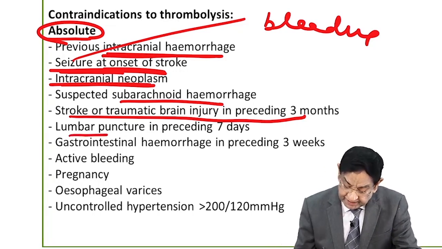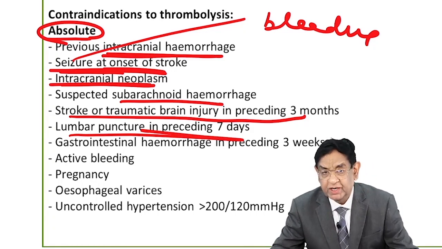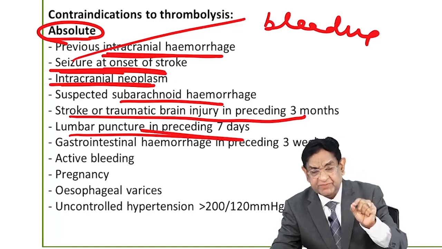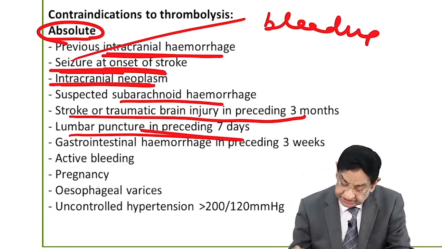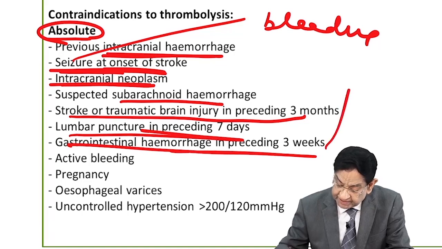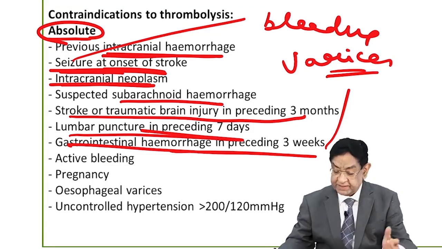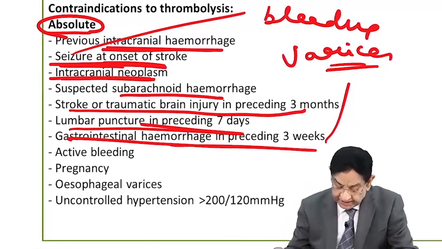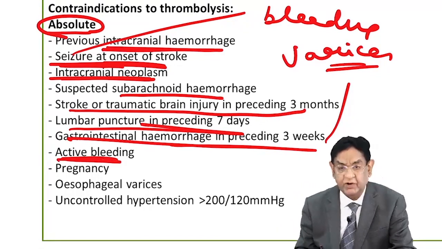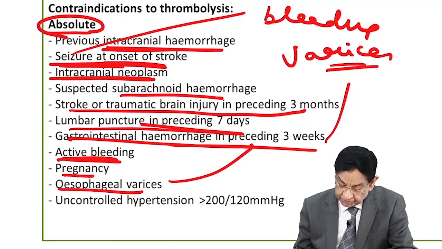Lumbar puncture has been done in the last 7 days, don't do it. Already puncture site is there, if you do, it can bleed. GI bleeding in the last 3 weeks. Patient may have esophageal varices. Active bleeding already occurring somewhere, pregnancy, variceal bleed, what I told you.